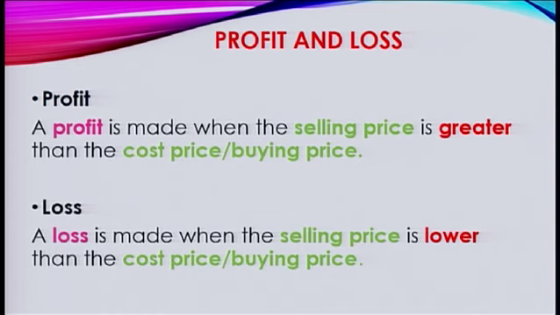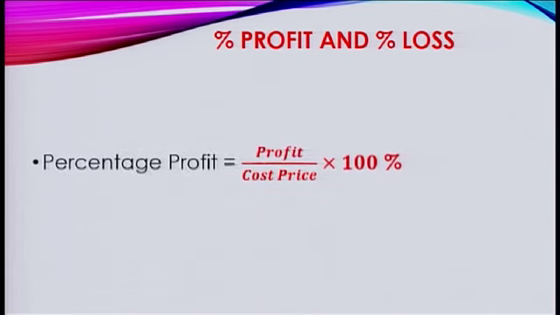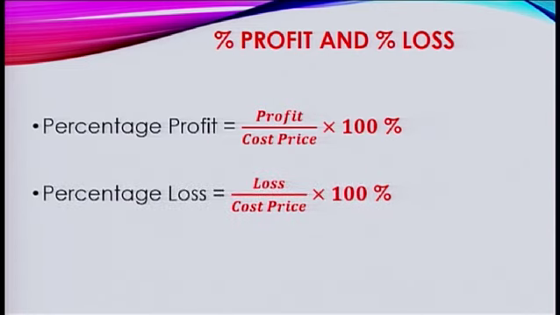Now, in grade 8, we'll see together how to calculate the percentage profit and the percentage loss. Percentage profit is profit over the cost price times 100%. And percentage loss is loss over the cost price times 100%.